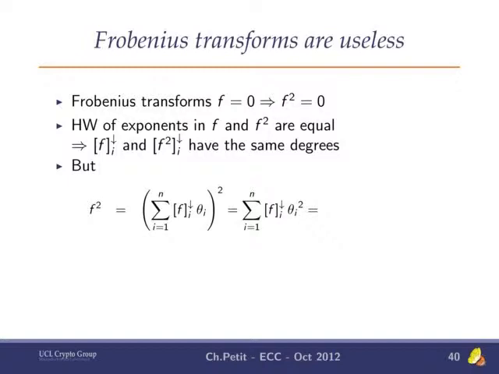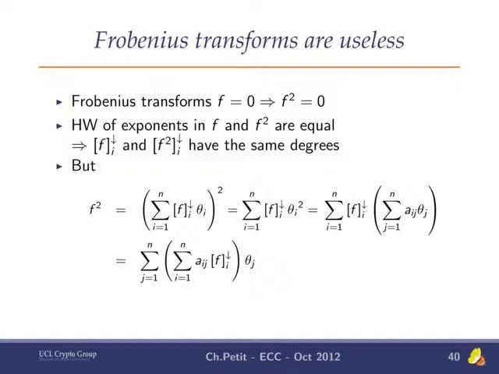That's good. Okay. Unfortunately, what you can show is the following. If you just write f squared as, so that's the decomposition of f, then by linearity you can put the exponent here, and since the value here is defined over F_2, you can remove the squaring. Then you write theta_i squared in the basis theta_j, and you rearrange terms to get this, and this is equal to the Weil descent of f squared.